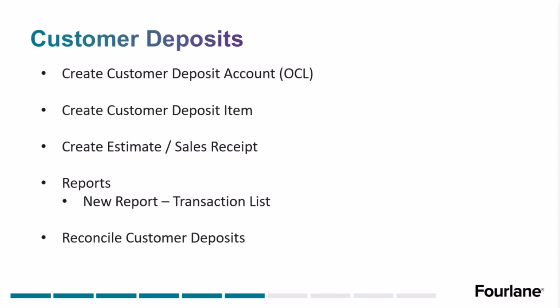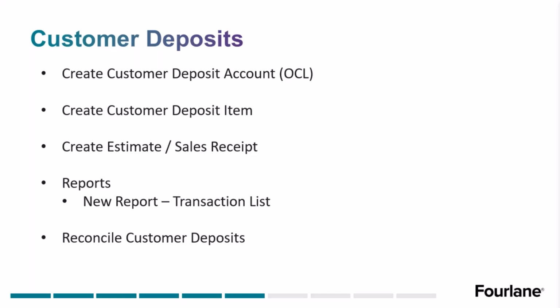So customer deposit. Other areas we see that a lot is in construction, where we'll see several deposits along the way. If people have deliverable-based deposits, we'll see that. We'll also see it with a telephone company.